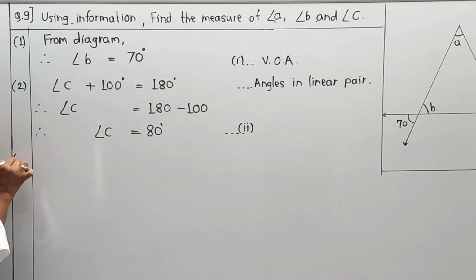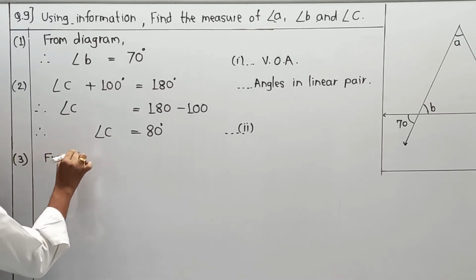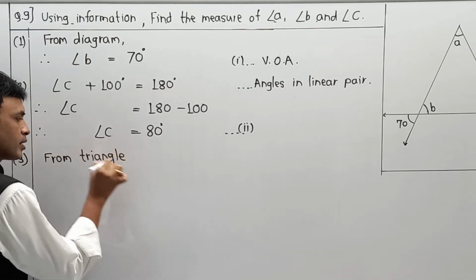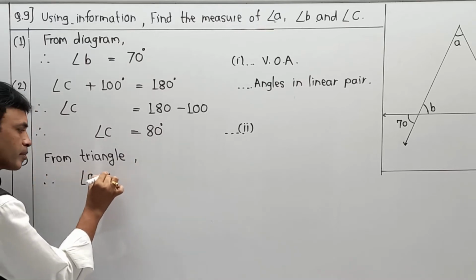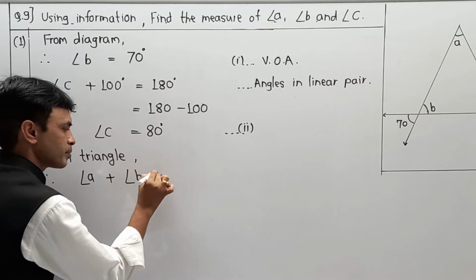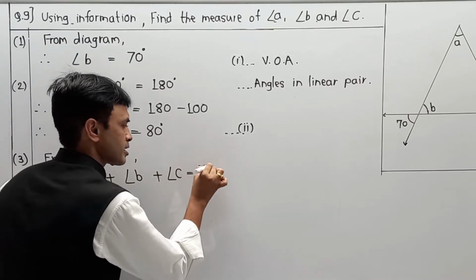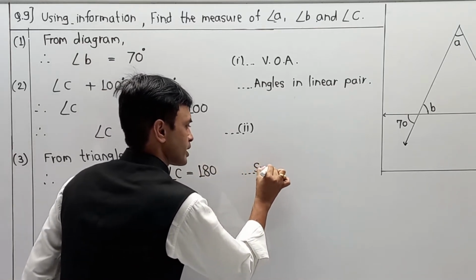So third part, from triangle, angle A plus angle B plus angle C is equal to 180 degree, and reason, sum of the angles of a triangle.